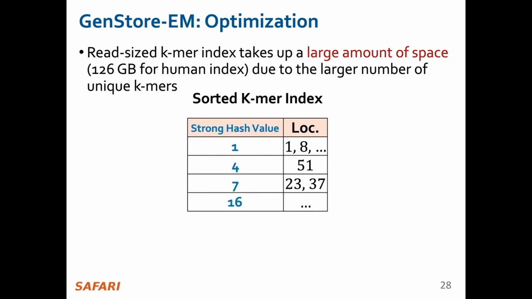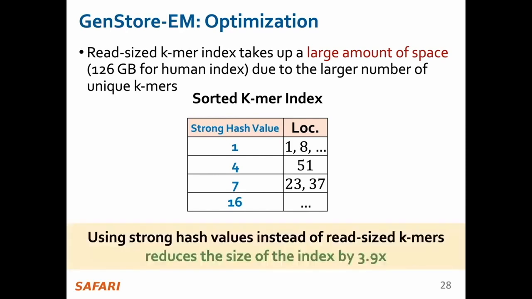We can now sort with these hash values, and it can also act as the fingerprint of each entry. So we compare the hash value of the k-mers with the hash value of reads to find matches and mismatches. The use of these strong hash values instead of the larger k-mers reduces the size of the index by 3.9 times.